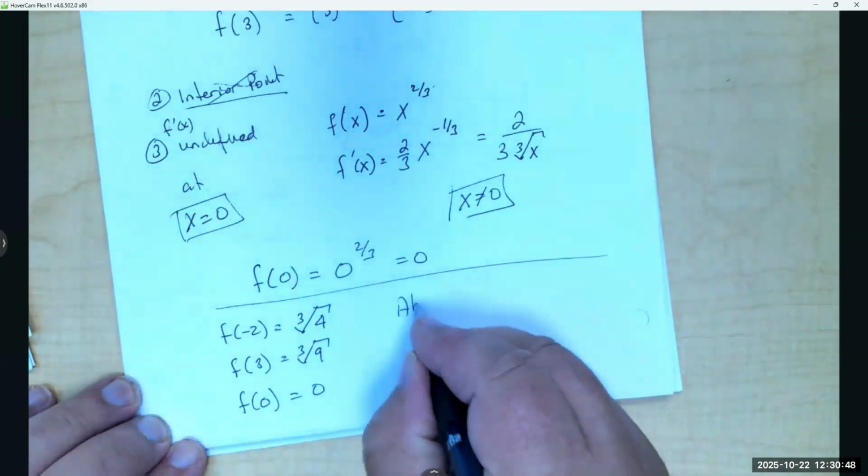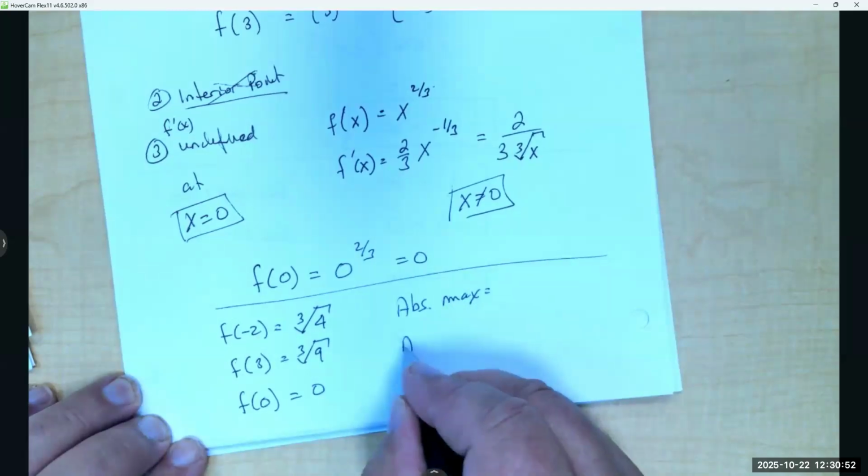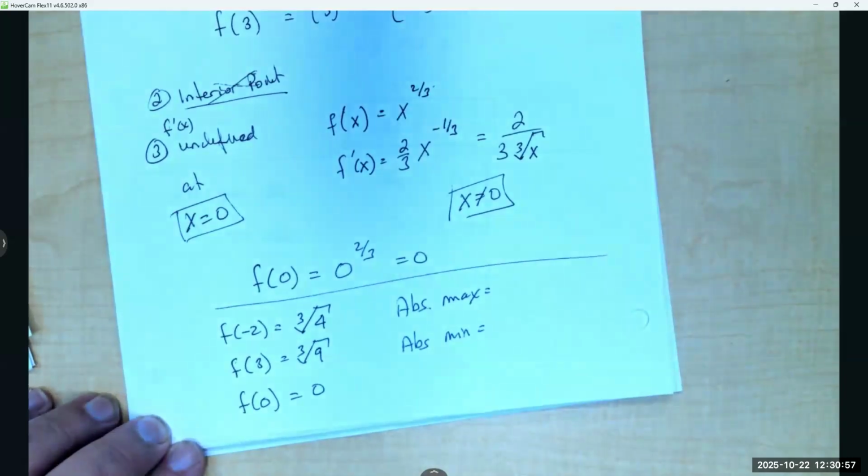So our absolute maximum and absolute minimum. Where's the maximum? Where's the highest of those numbers?